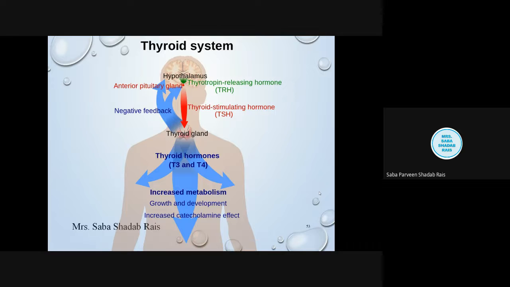That means bone will not do the leaching of the calcium, and ultimately it is going to decrease the blood calcium ion concentration. Now see, it is going to be produced in the hypercalcemia situation. Now next we will be talking about the parathyroid gland. At that time, students, you will be more clear that whenever there is less quantity of calcium in the blood... calcium plays a very key role in various developmental activities.